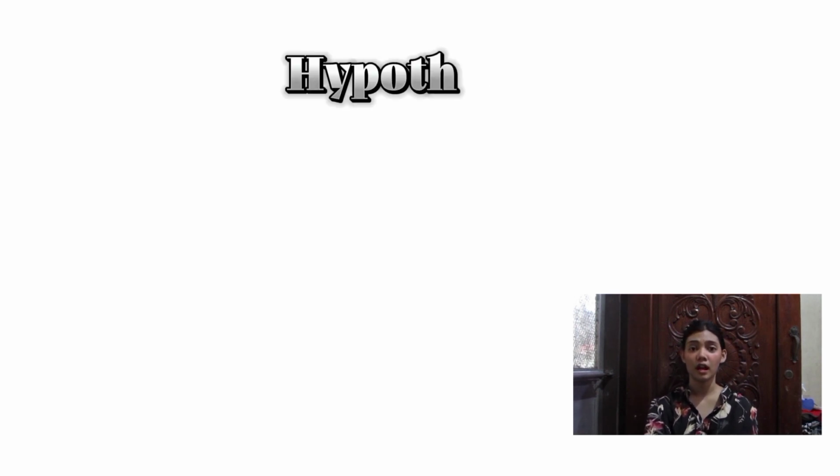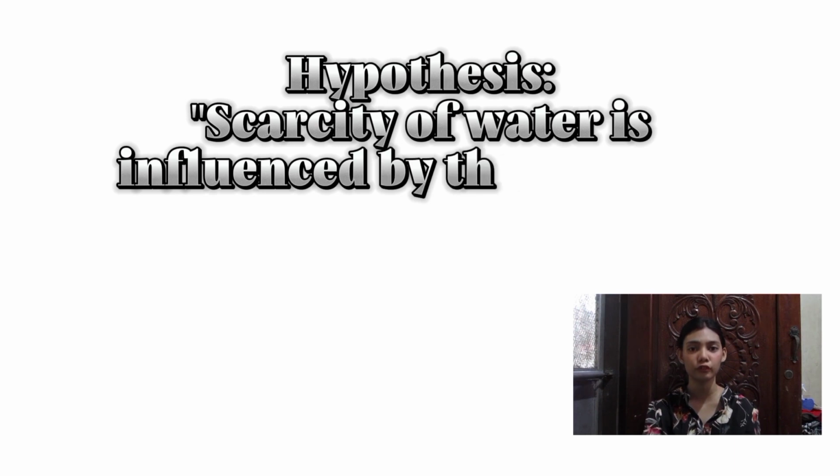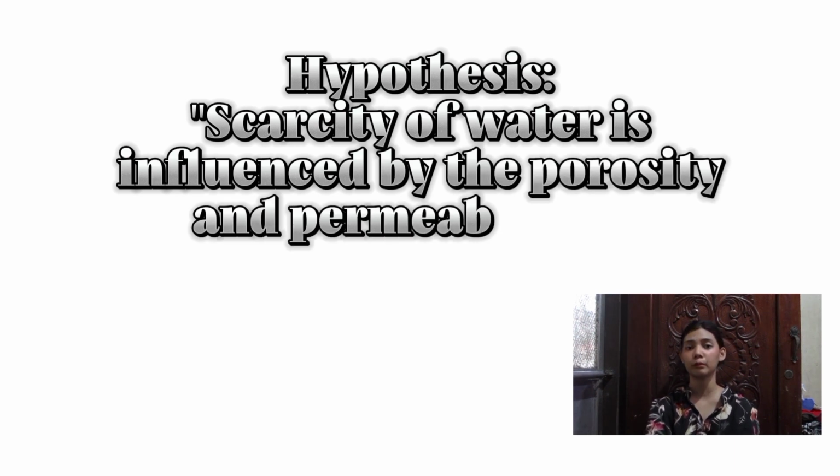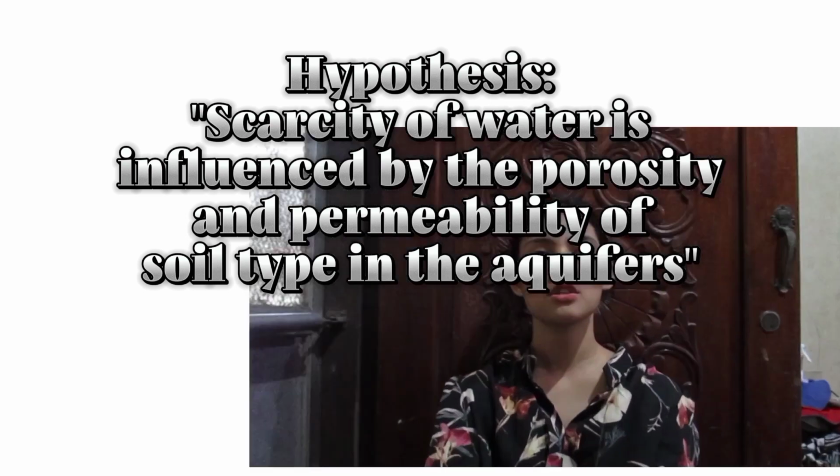To test this, we must make the first hypothesis, which is that the scarcity of water is influenced by the porosity and permeability of soil types in the aquifers. If the soil type is more porous and permeable, then water flows easily, so it means there's no scarcity in water.